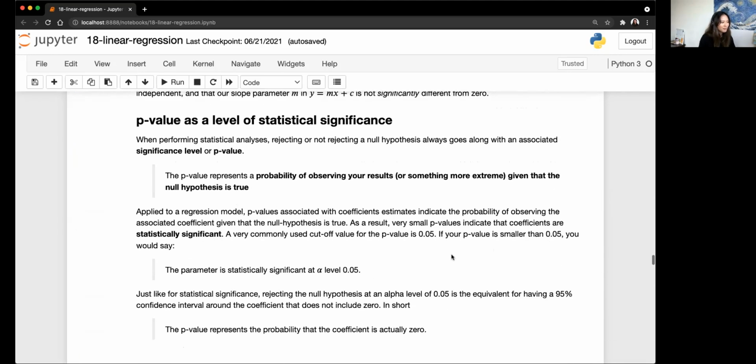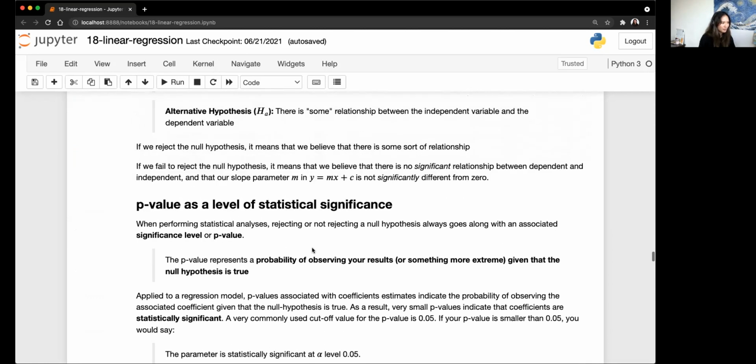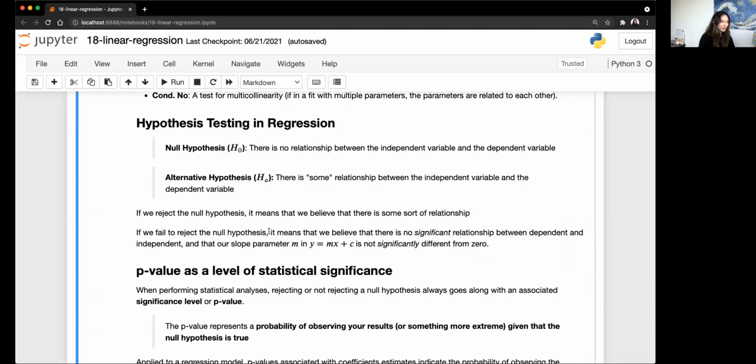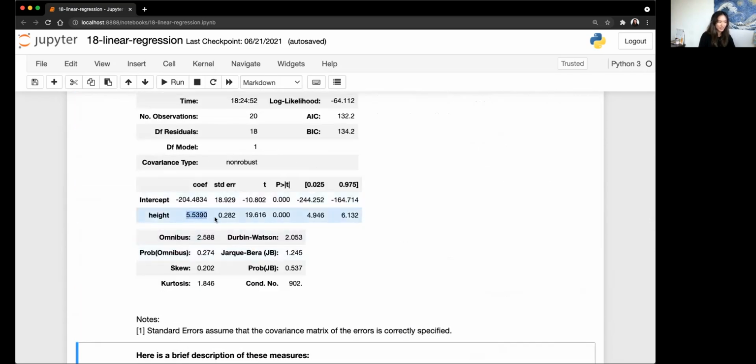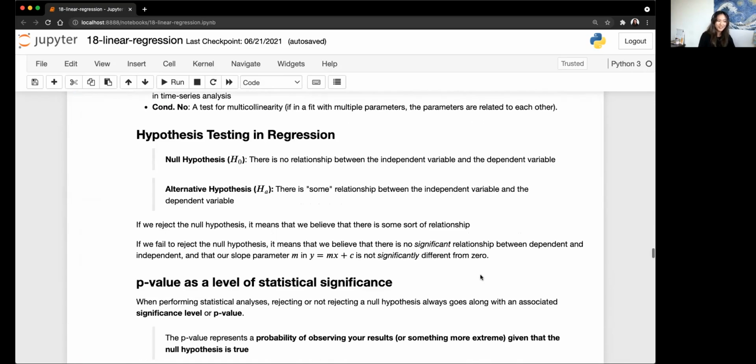So back down to here, I think it's helpful to think about it this way: if we have a p-value higher than 0.05, then there is no significant relationship between the dependent and independent variable, and our slope parameter m in this mx plus c, or this value here, is not significantly different from 0.